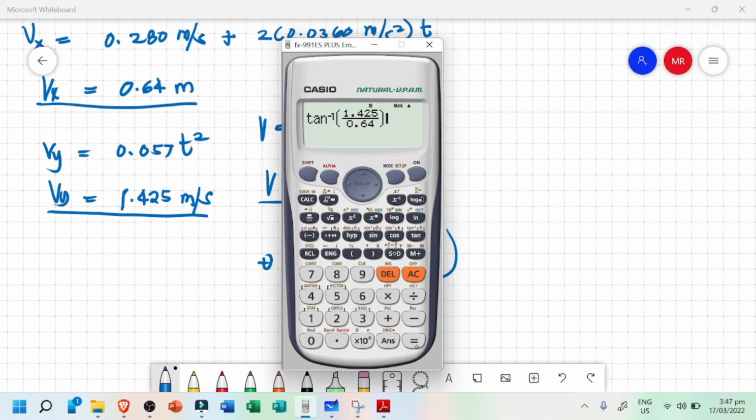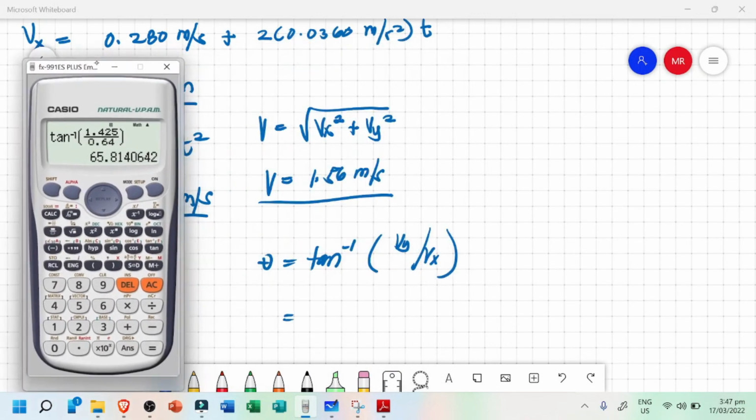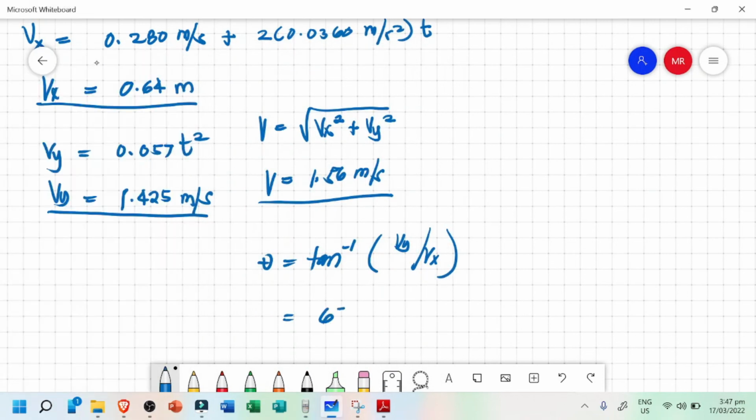So the angle is 65.81 degrees. Since Vx and Vy are positive, it is in the first quadrant. So this is 65.81 degrees north of east.